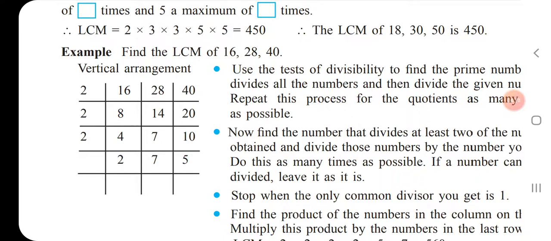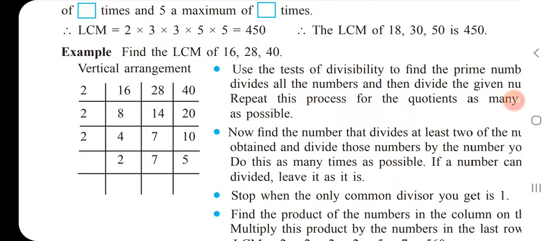Now out of 4, 7 and 10, 4 and 10 are divisible by 2. So for these two numbers, 2 is taken as a factor. After that the quotient for 4 will be 2. 7 is not divisible by 2, so write it as it is, and for 10 the quotient will be 5.